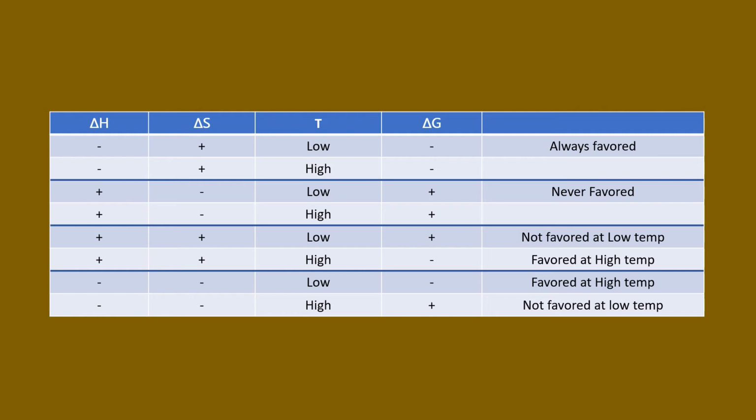A positive delta H and a negative delta S is never favored. A positive delta H and a positive delta S is only favored at high temperatures. A negative delta H and a negative delta S is only favored at low temperatures.